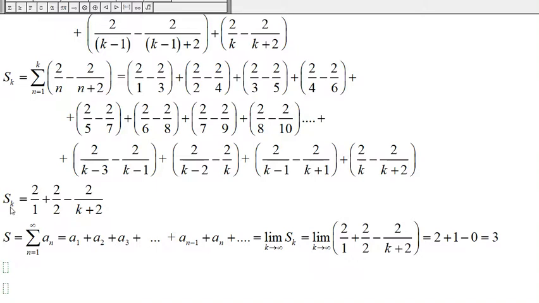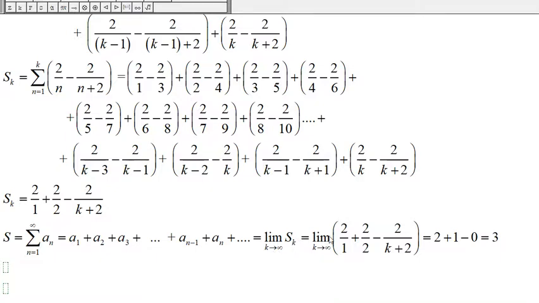So we have the sum of the first k terms to be 2 over 1, which is 2, plus 2 over 2, which is 1, minus 2 over k plus 2. And so the infinite series is the limit of s sub k as k runs to infinity.